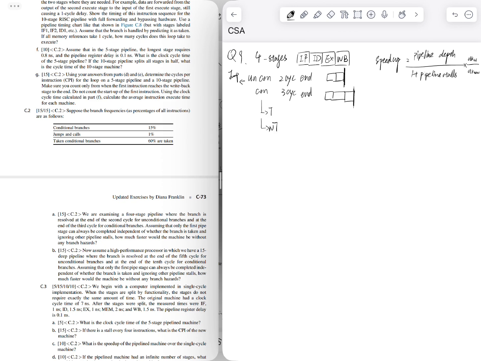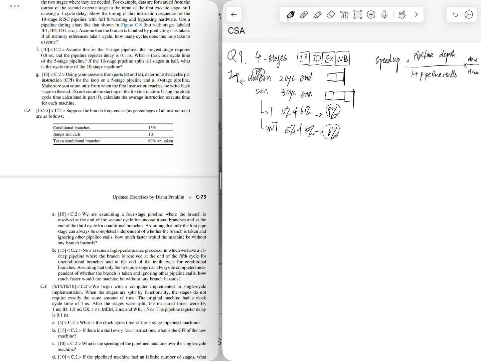From the question we know for unconditional there are 1%, and taken will be 15% of 60%, and not taken will be 15% of 40%. So that is 9% and that is 6%. So we get how many branches will happen in our instruction stream.